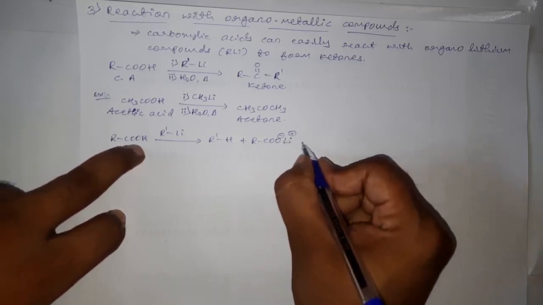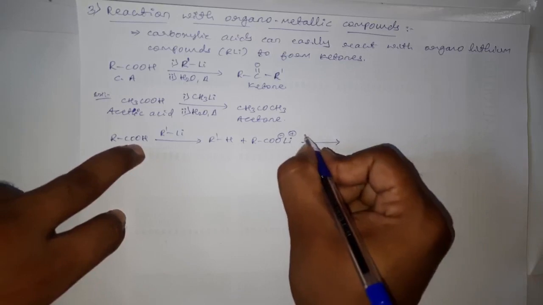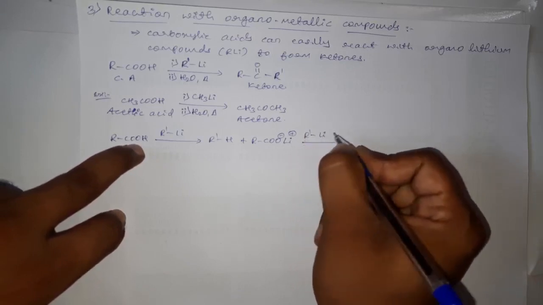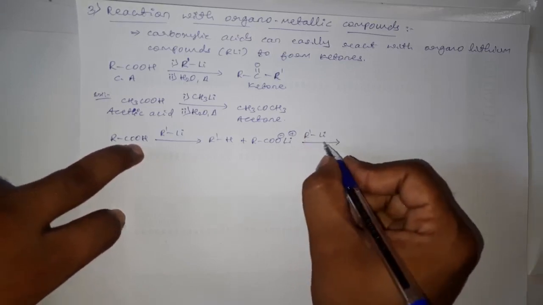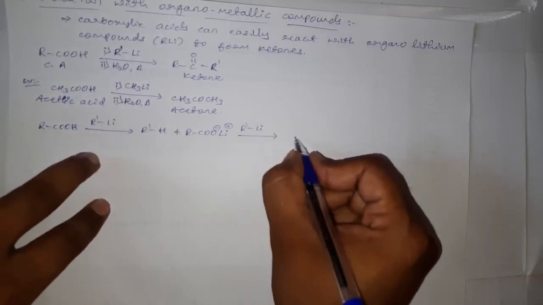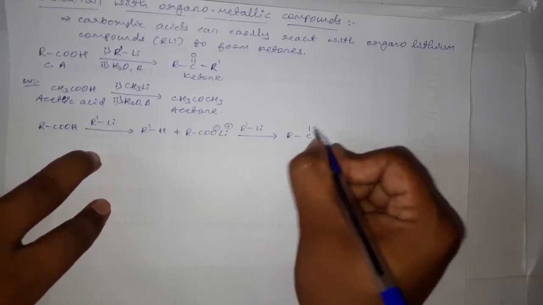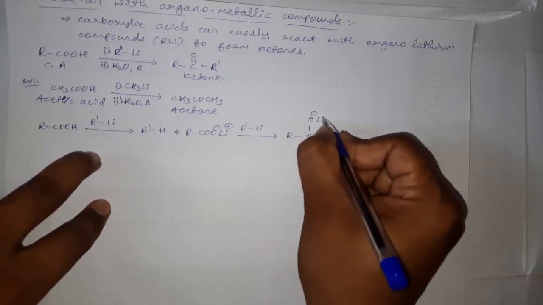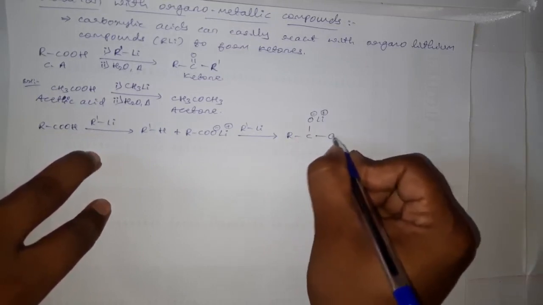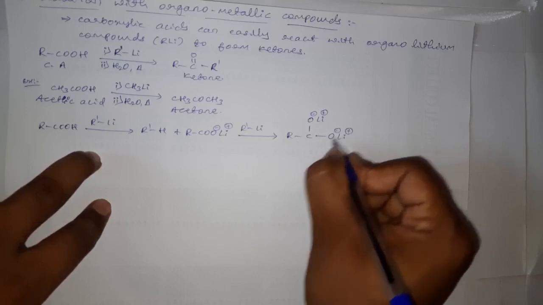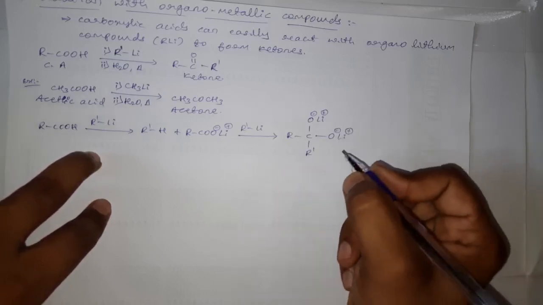Okay. Then when this carboxylate ion is allowed to react with another molecule of organolithium compound R dash Li, we will get a dilithium salt, RCO minus Li plus, O minus Li plus, and R dash.